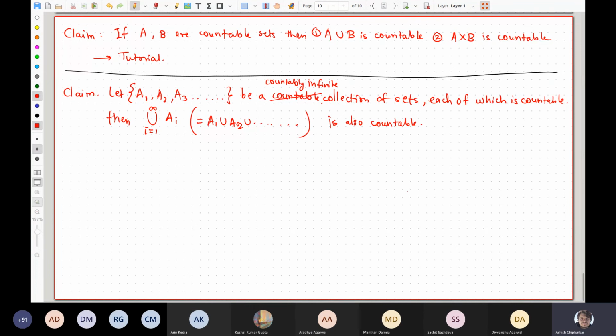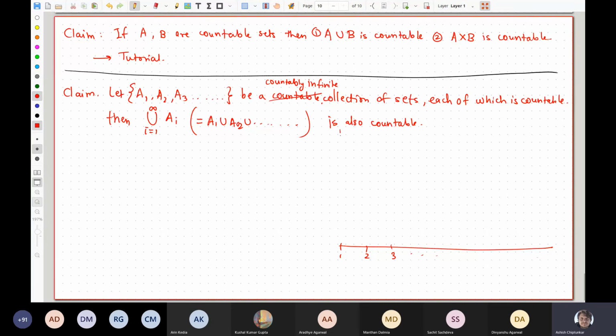So here the mental picture you should have is the following. This is the set of natural numbers: 1, 2, 3, and so on. Think of the x-axis as this countable collection of sets, and think of the y-axis as enumerating the sets.